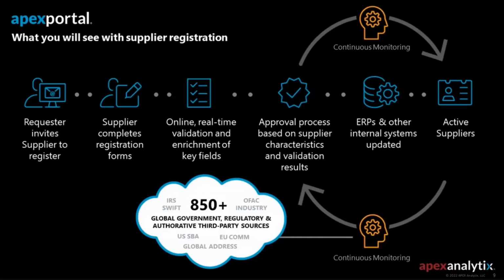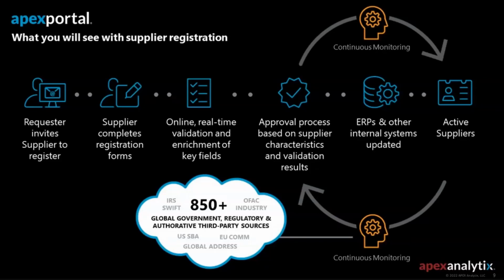Brian wants to know, can Apex Portal work without Smart VM? A portion of Smart VM is built into Apex Portal. But you can buy an additional Smart VM subscription, which allows you to do the following. One is pre-populate the information.